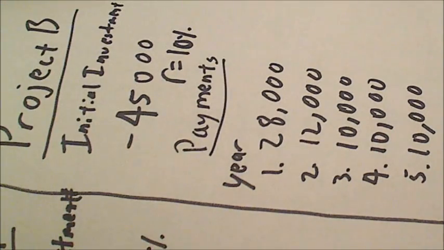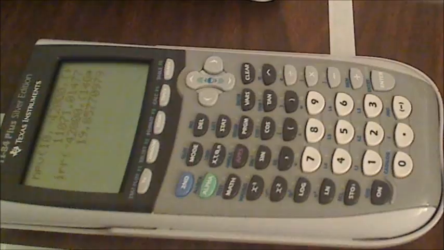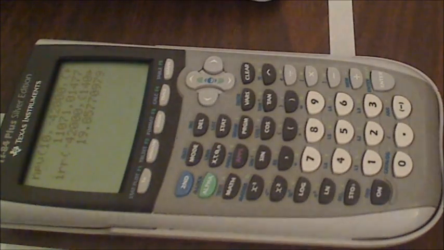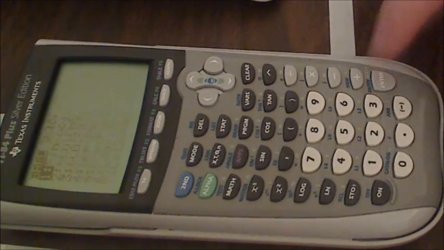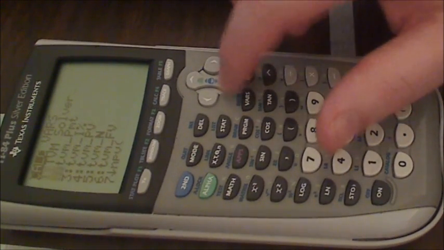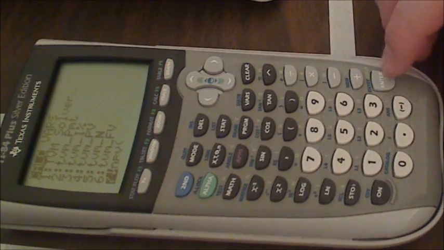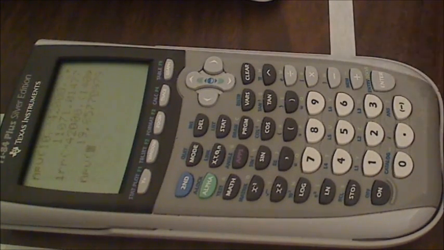The first year is 28,000. The second year is 12,000. The third year, and so on, is 10,000. So to enter this into our calculator, again, we go to Apps, number 1, Finance, scroll down to number 7 for Net Present Value, NPV.